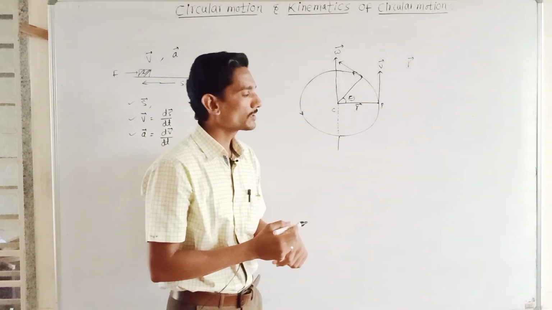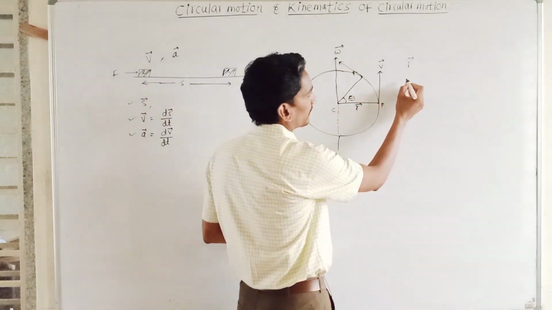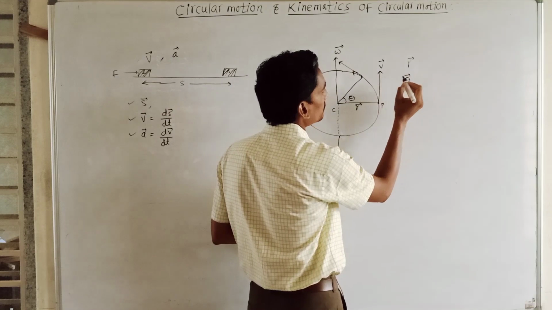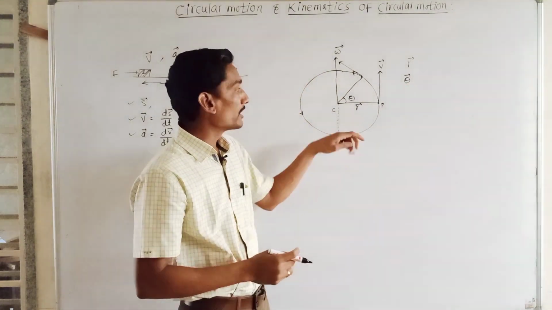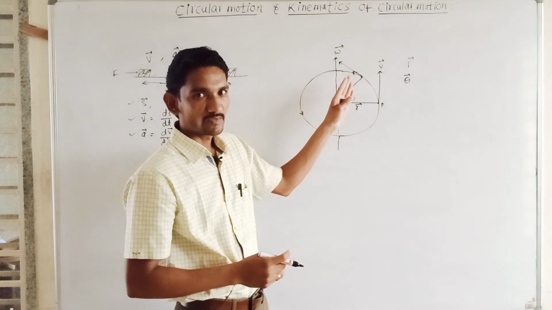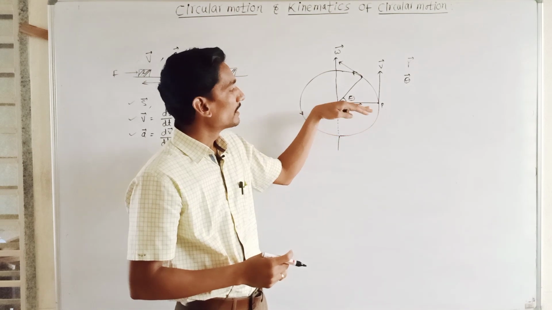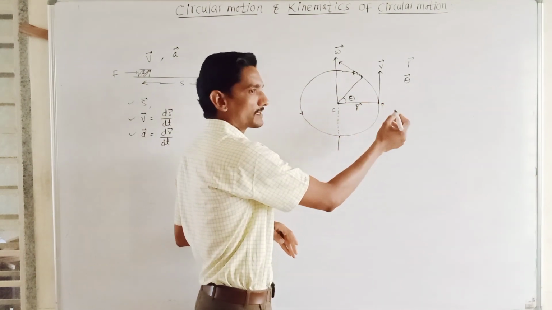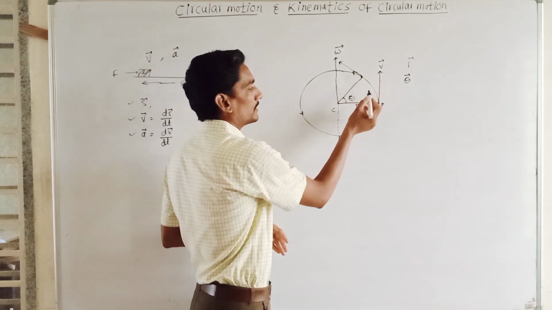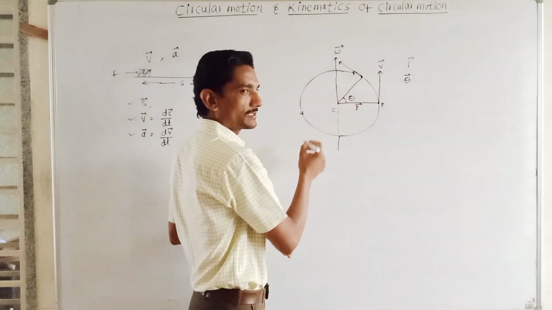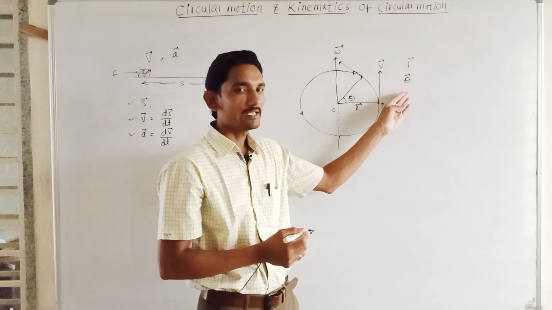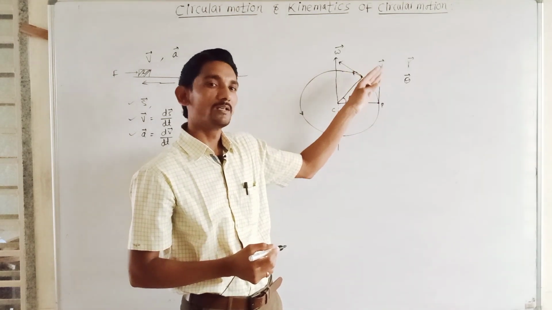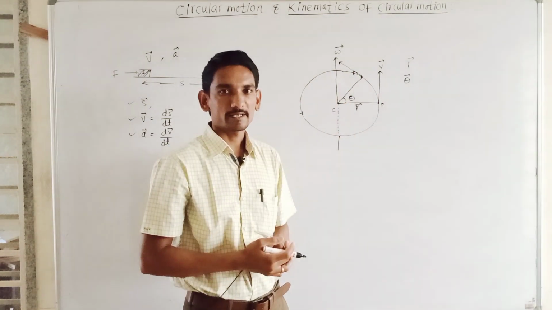In case of circular motion, this theta gives the angular displacement. We can determine the angular displacement. Initially the object is at this position, after some time it is at this position. So the angle described by the particle is theta. This is the physical quantity that gives the angle described while moving along the circular track.